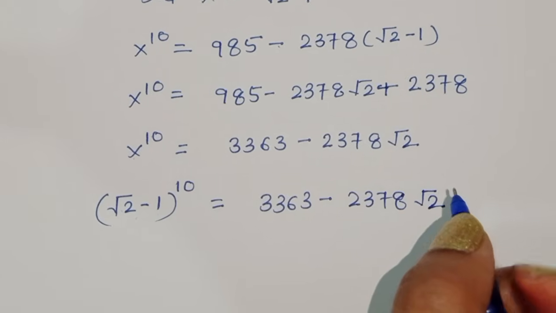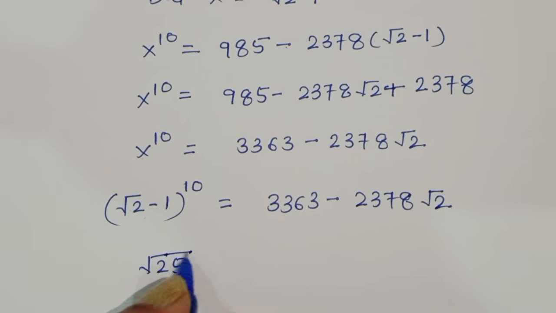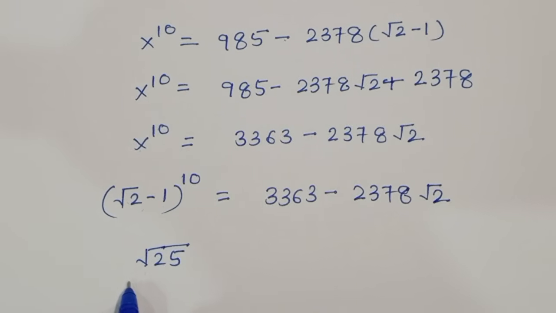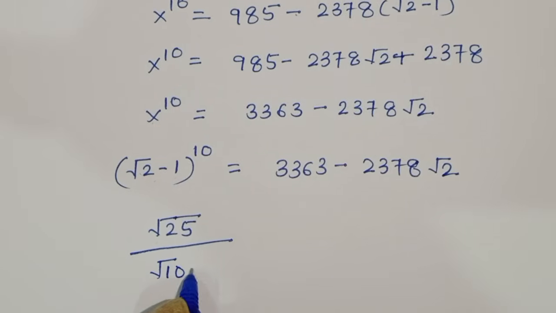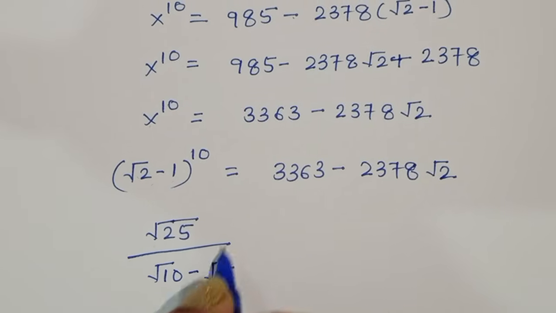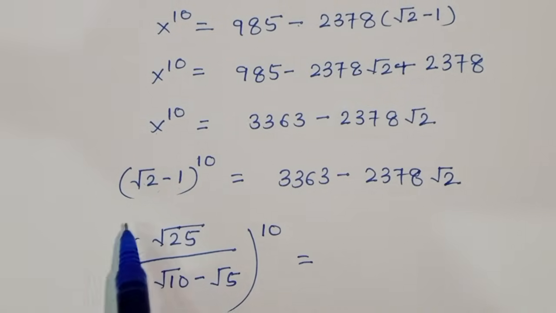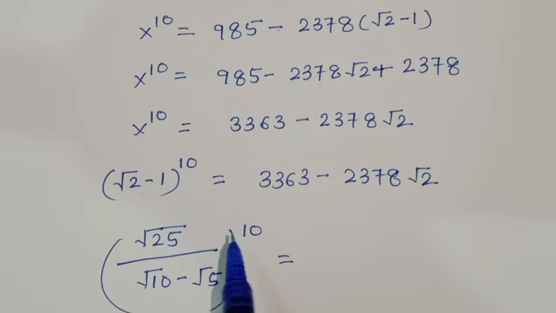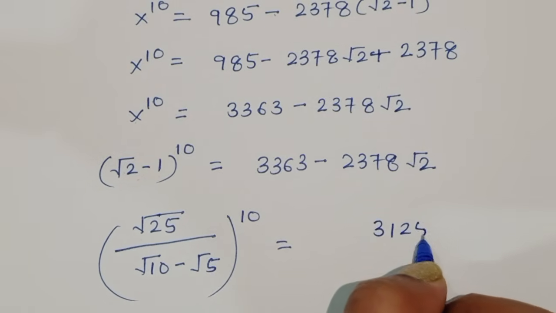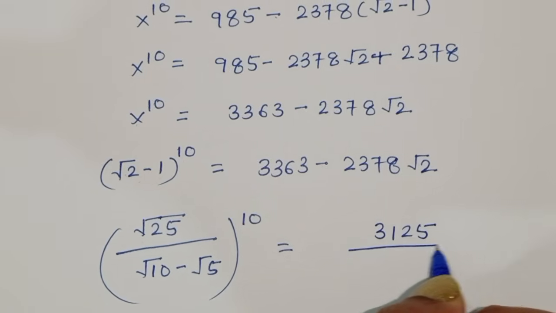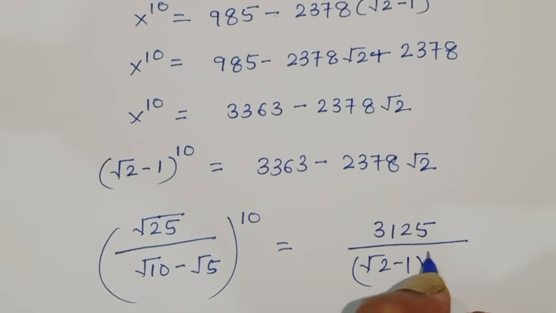So we can say our main question, square root of 25 divided by square root of 10 minus square root of 5 to the whole power 10, is equal to the value of square root of 25 to the whole power 10. So it will be 3125, and here square root of 2 minus 1 to the whole power 10.